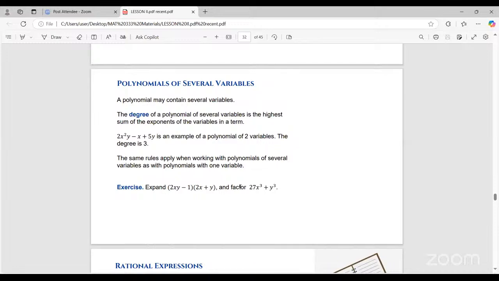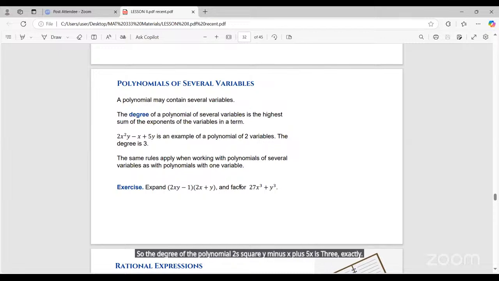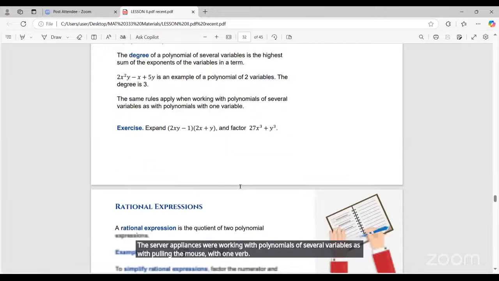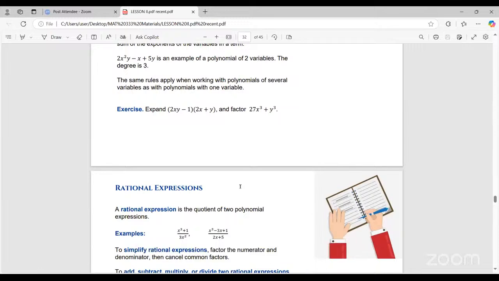The power of 2x squared y is 3, the power of minus x is 1, and the power of 5y is 1. So the degree of the polynomial is 3. Is that clear? Yes, ma'am. The same rule applies when working with polynomials of several variables as with polynomials with one variable. So if we factor it out, by the time you expand, you have this.